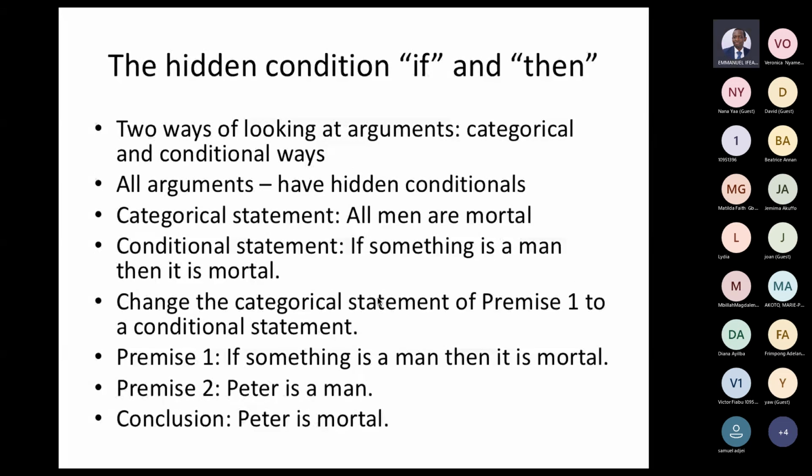We saw modus ponens, modus tollens, a hypothetical syllogism, and a disjunctive syllogism. And we used the if-then way of looking at a sentence to be able to analyze arguments and see what kind of arguments they are.